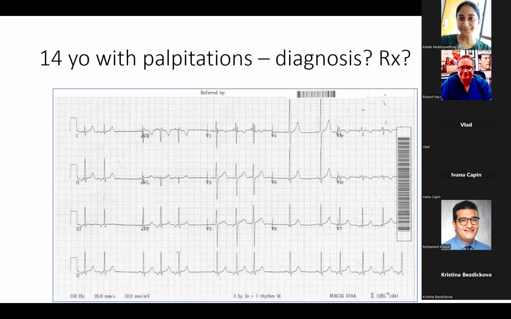Non-sinus, like an EAT. Okay, so let's say you're in your office in upstate New York and you've just seen this in the office and the patient is saying, I'm feeling palpitations. How would you go about evaluating this patient, Christina? What are you concerned about and what are you going to do?